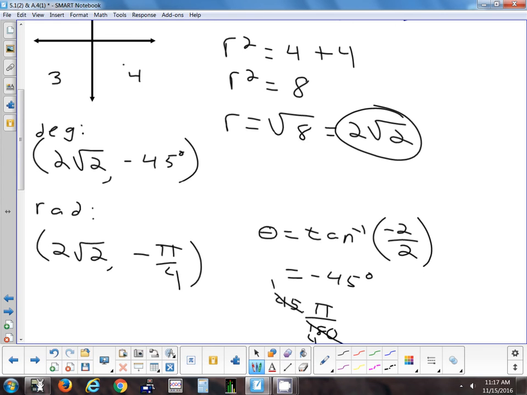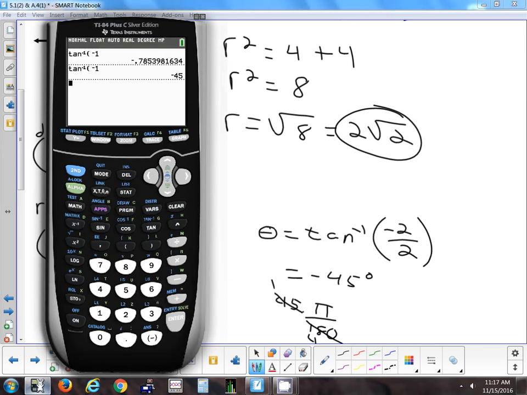So that number that I just showed you, that -0.785, that was the number negative pi divided by 4. So it's a lot easier to do it in degrees first than convert it, rather than trying to recognize 0.785 as a number. Okay?